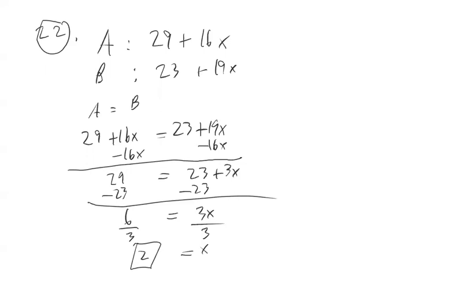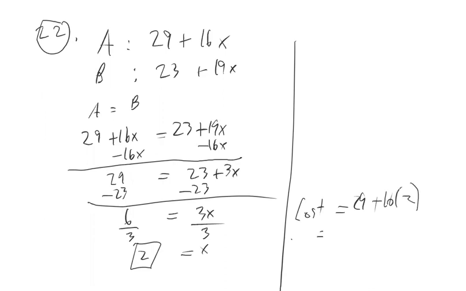Now the question is, how much do they actually cost? They actually cost the same, so you can plug in 2 into either Club A or Club B and you'll get the same amount. But how much is that amount? Let's just plug it in to Club A. So the cost equals $29 plus 16 times 2, which is 29 plus 32, which is 61.